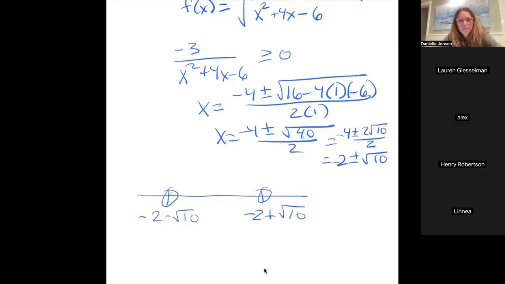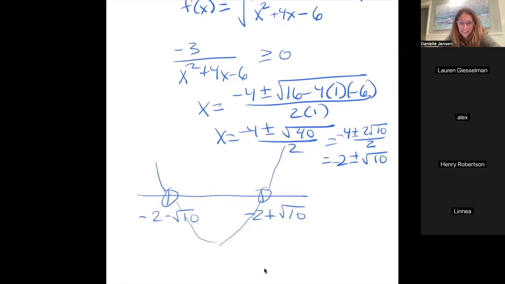Okay. So the denominator is a parabola that opens up. But remember, because it's in the denominator, it can't be those x-intercepts, because that would make the denominator 0. So then I go back to what I'm interested in. If I'm interested in this fraction being positive, then I really need the denominator, or this parabola, to be what?